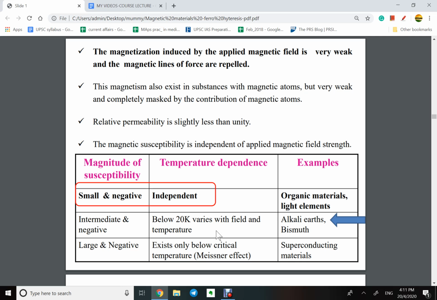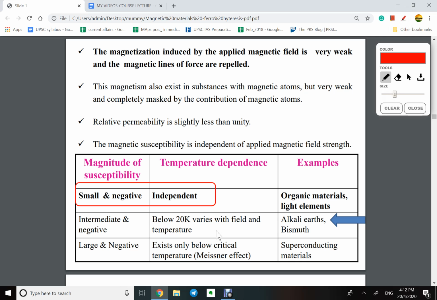If you take all the materials in the universe, all the materials show diamagnetism, but it is very less, it is not that much noticeable. Magnetic susceptibility of the diamagnetic material is small and negative, and it is independent of temperature. There are some examples given here.